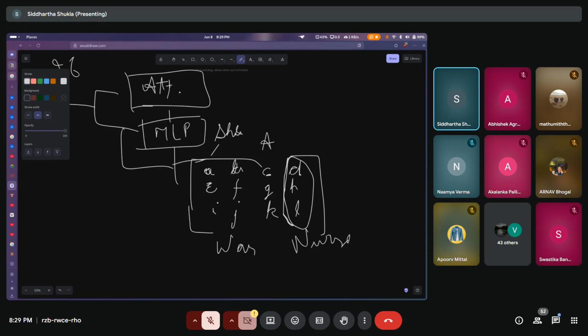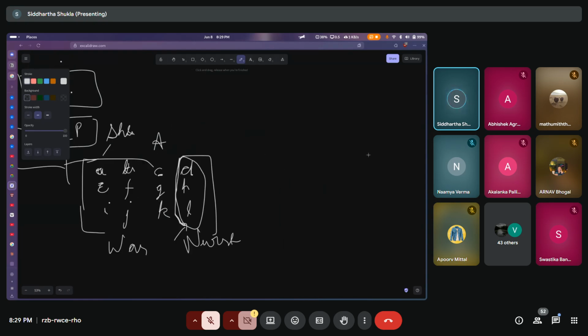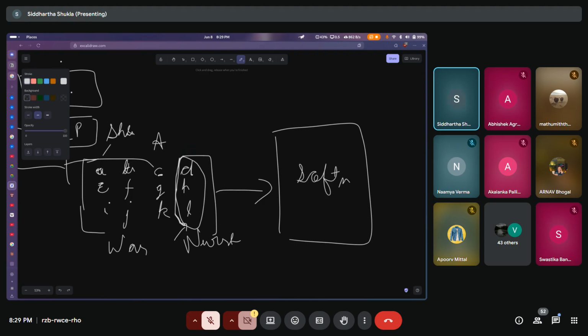Keep in mind, this vector does not refer to the words directly. I've just written it for the sake of understanding. But anyway, it takes the last column and normalizes it using something called a softmax.